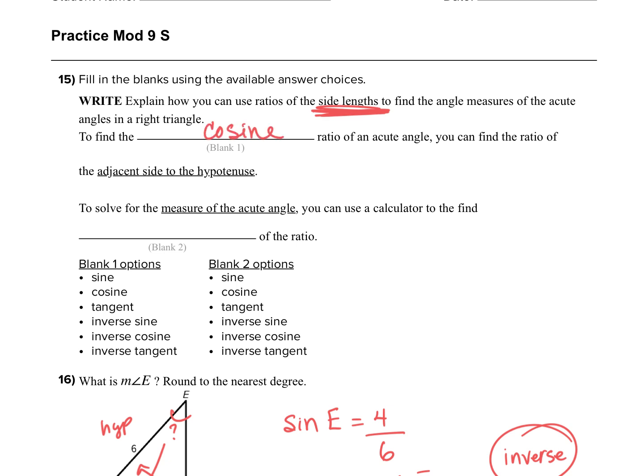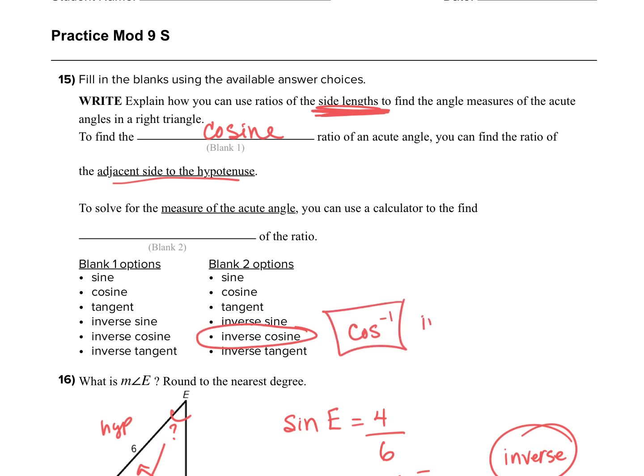To find the measure of the acute angle, which we just did, we're going to use our calculator. If we have adjacent and hypotenuse, we're going to use the inverse cosine, because that's the cosine to the -1.